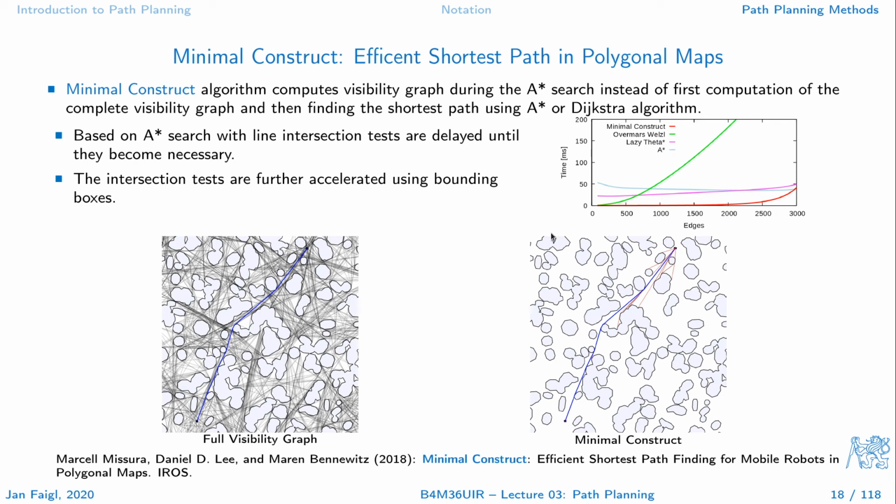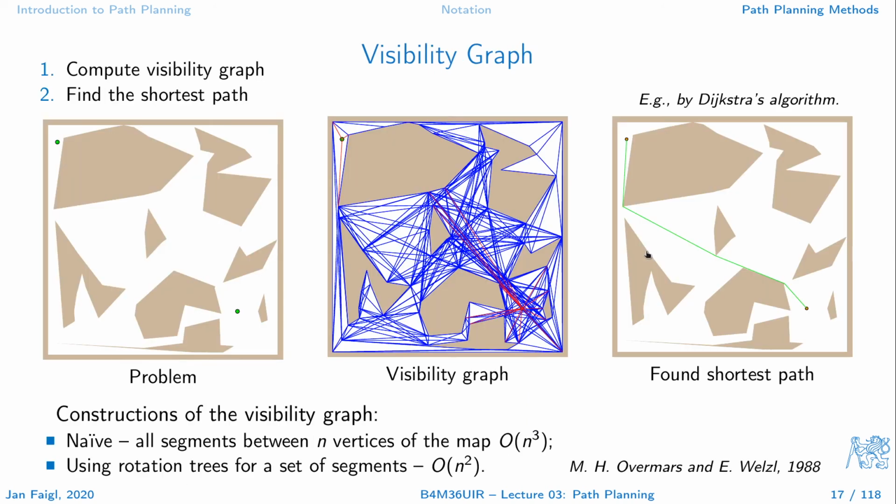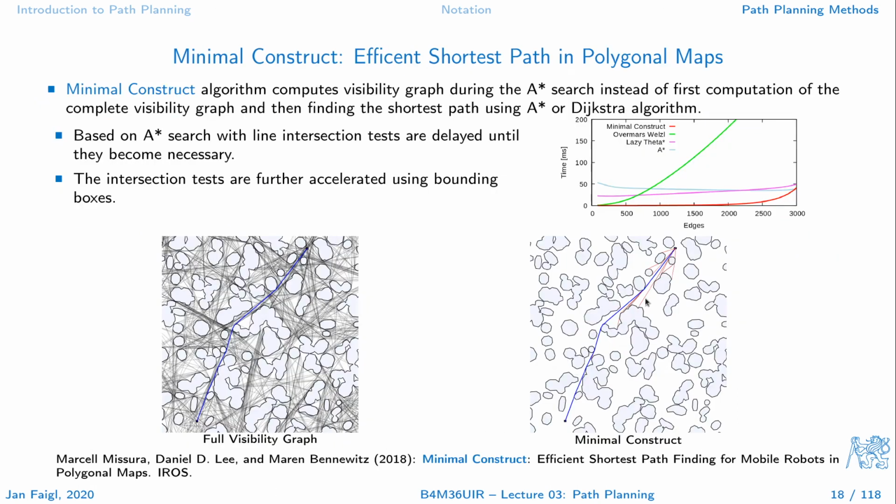As you can see in this minimal construct, efficient shortest path in polygonal maps approach, it can really speed up the process. And this is the squared, the rotation trees. So we are not speaking here about the naive approach. It would be much more demanding.